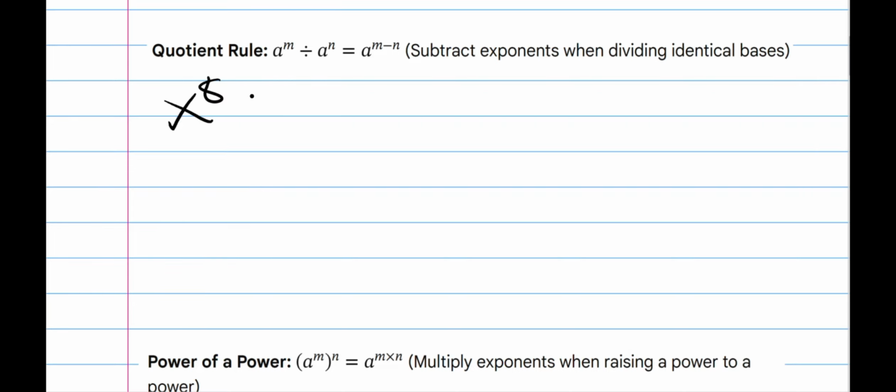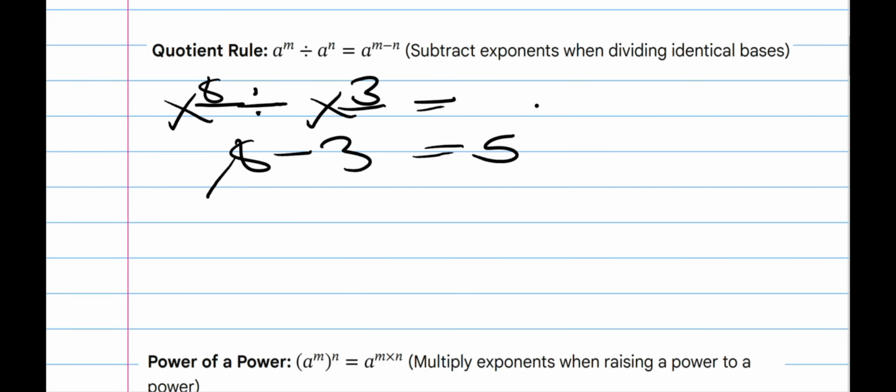In the first example, you're given x to the power of 8 divided by x cubed. Remember earlier, you don't divide the exponents, you subtract the exponents. That would be 8 minus 3 is equal to 5. So the value would be x to the power of 5. That's how you get the answer.